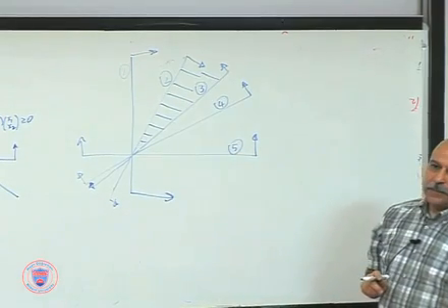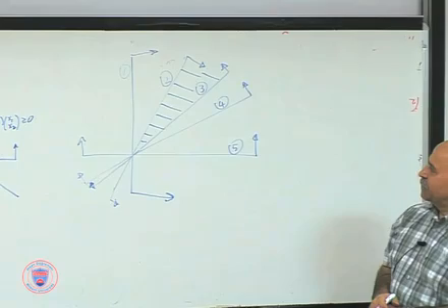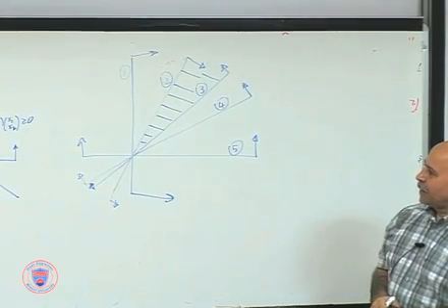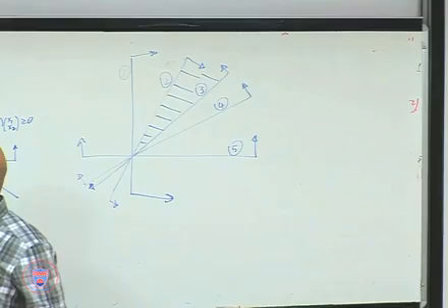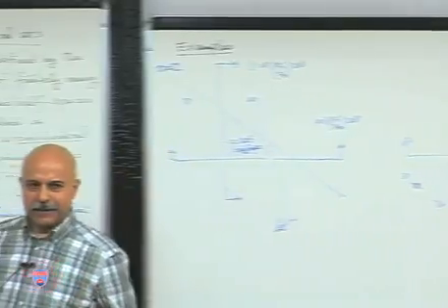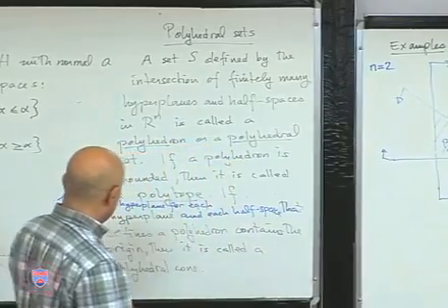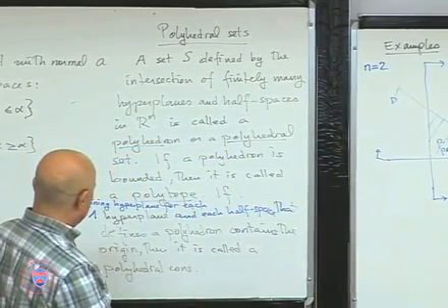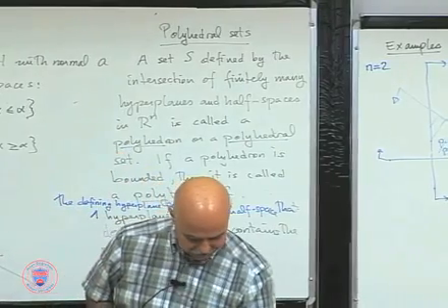So that's the polyhedral cone in this particular example. Okay? You might want to reword the definition according to what I demonstrated, because this is not really in good shape. Whatever, it seems to convey the meaning.